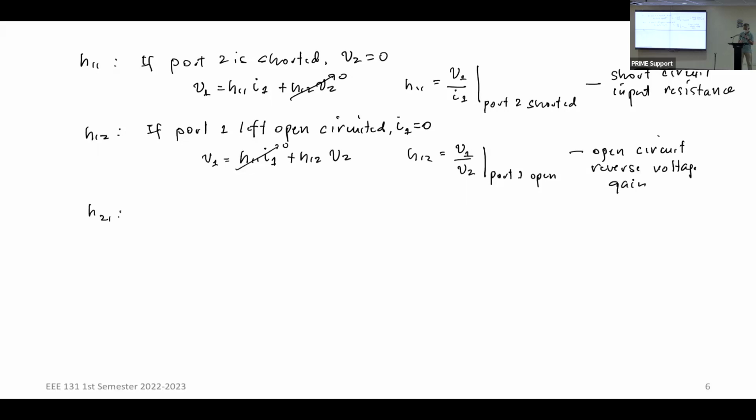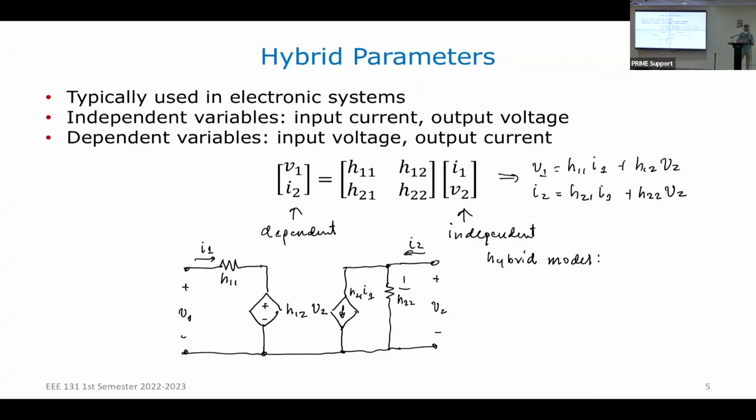H21. Okay. How do I get H21? Ito naman, no? H21. Okay, if I leave V2 open, then I2 is going to be equal to 0, no? Oh, sorry. Short circuit.